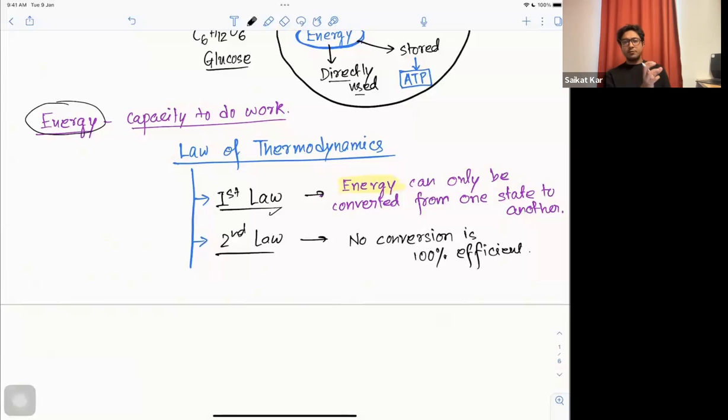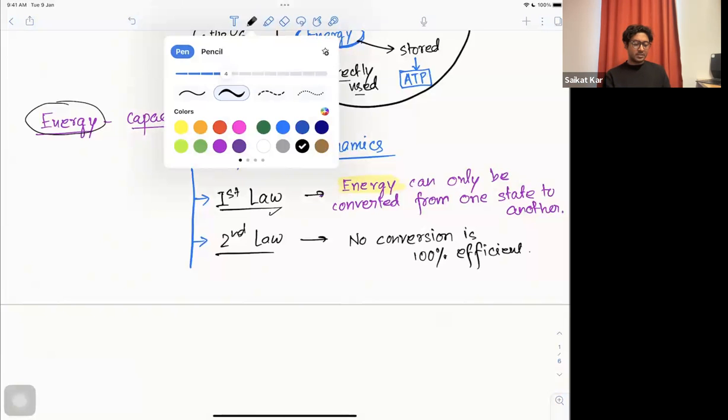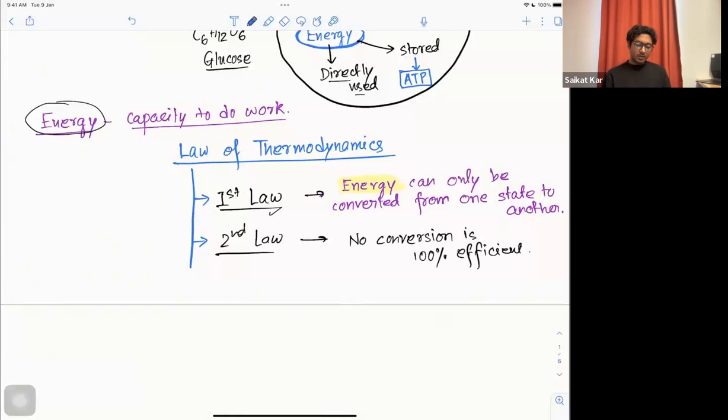When one form of energy is converted to another form, never has a single conversion been 100% efficient, such that all the chemical energy is converted. It never happens. Some energy is lost as heat.